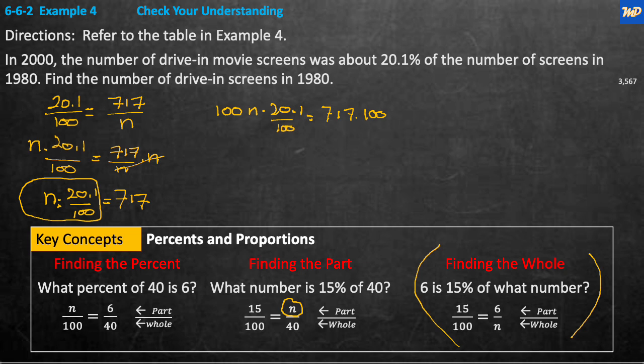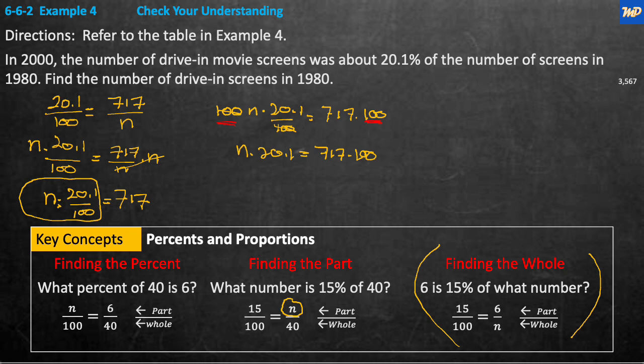Because both sides need to be multiplied by 100. Okay, now that we've done that, let's carry this math out. So now the hundreds cancel, and we have n times 20.1 is equal to 717 times 100.